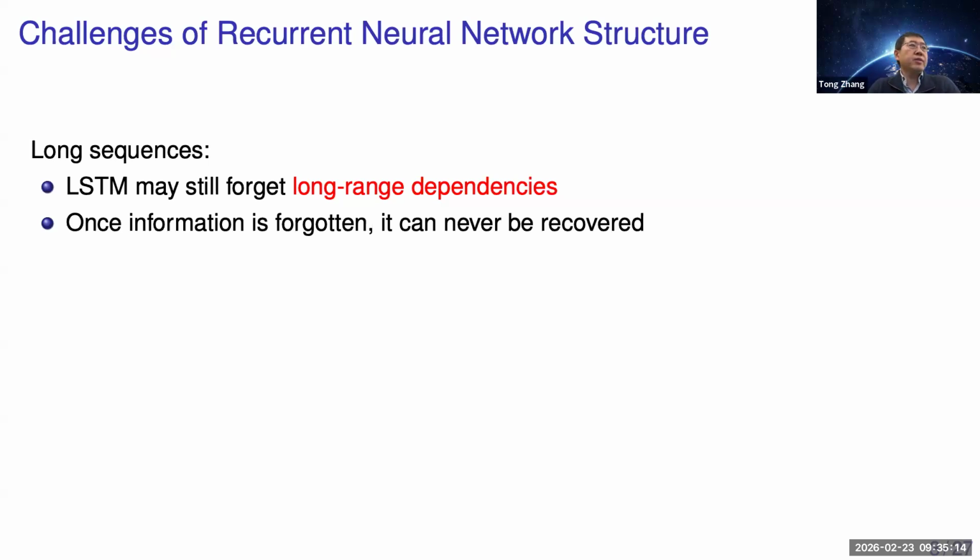They do a different kind of compression than what we learned from LSTM, but once the information is compressed, some of the earlier information gets forgotten. For the RNN, because it's inherent in the model, there's no way to recover once you compress. So this is essentially one bottleneck.